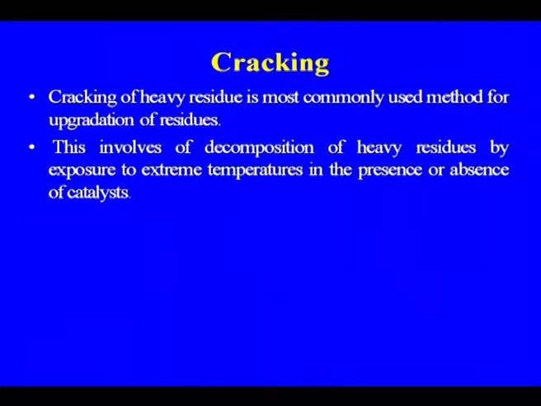This involves the decomposition of the heavy residue by exposure to extreme temperature in the presence or absence of the catalyst. So, there are some thermal cracking processes where we do not use the catalyst, but other processes have been developed, which I will be discussing in the next lecture when we discuss the FCC, where we do the cracking in the presence of the catalyst.